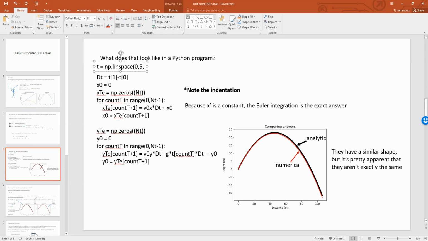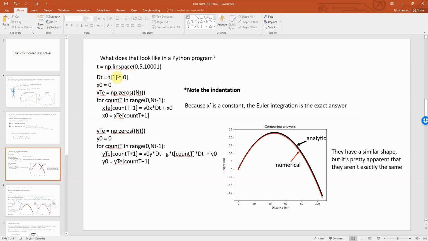And then we have some number of steps. So that would be our t, and then dt will be the second value in this array of t minus the first value in this array of t. And so that gives us our delta t.